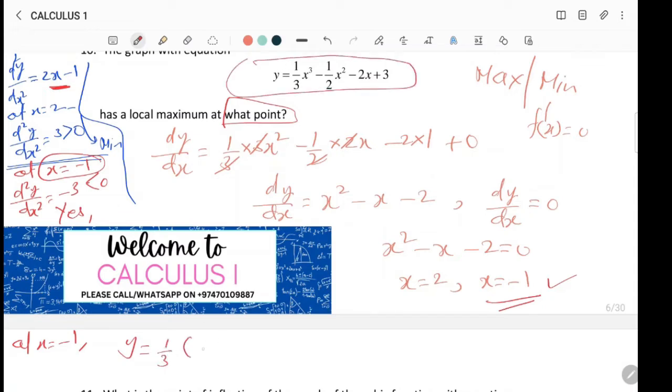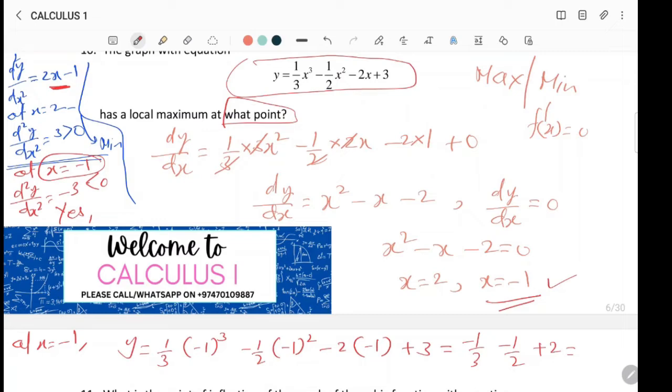So 1 over 3 times (-1) whole cube, minus 1 over 2 times (-1) whole square, minus 2 times -1 plus 3, right? Now we can use a calculator, or we can solve here as well. (-1) whole cube is -1, so -1 over 3, and here you will get -1/2, here you will get +2. Okay, now use calculator.